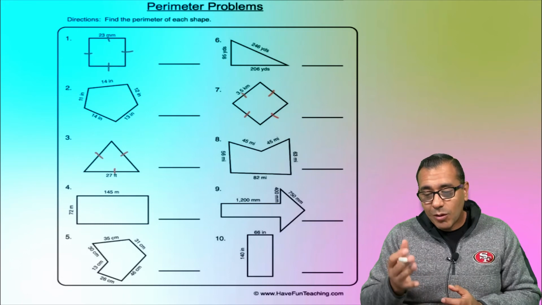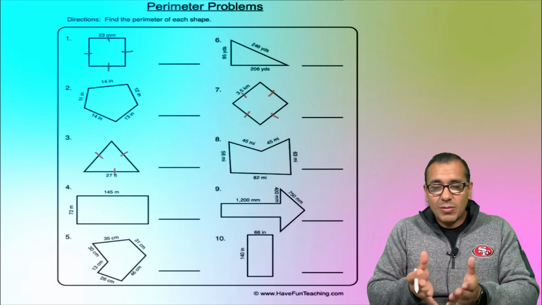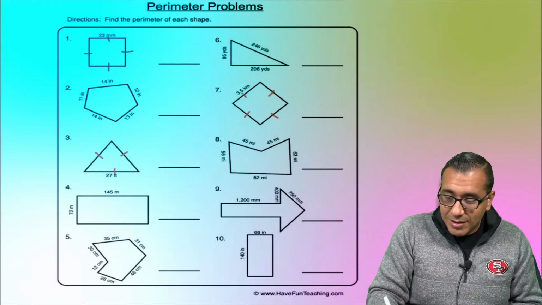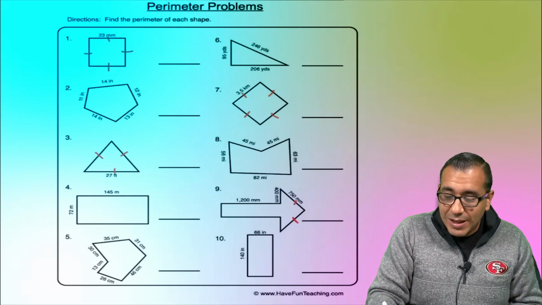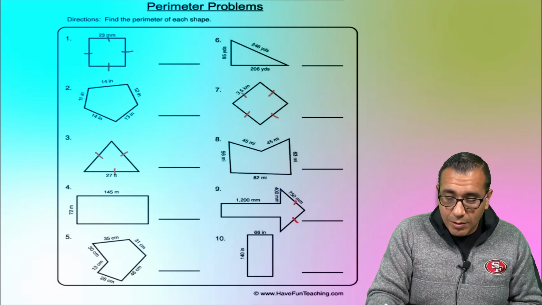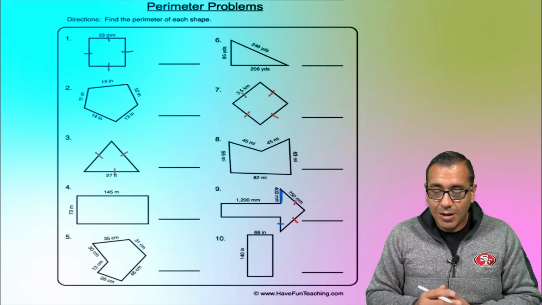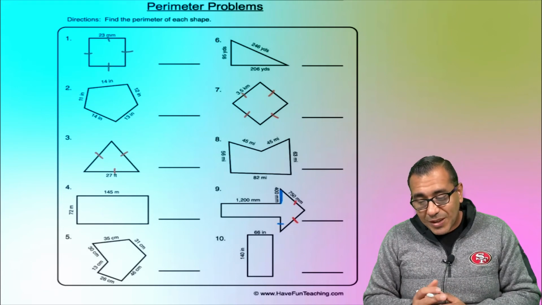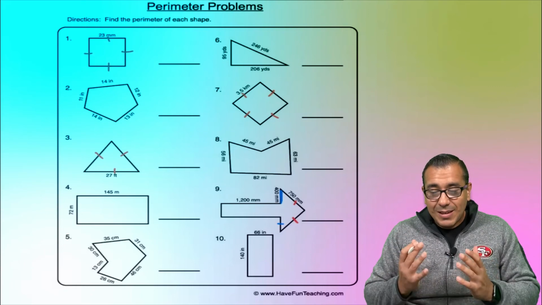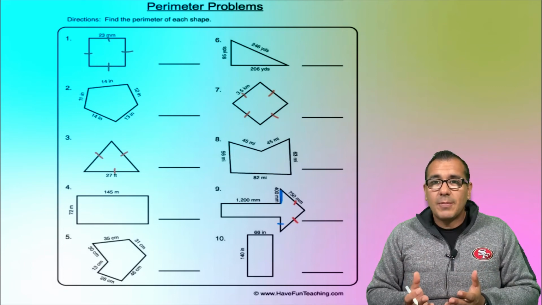Be careful when you're faced with something like this, and like this arrow, if this is 750, then this side over here should be 750. And if this side's 400 here, the one I'm kind of shading in, this side's going to be 400.